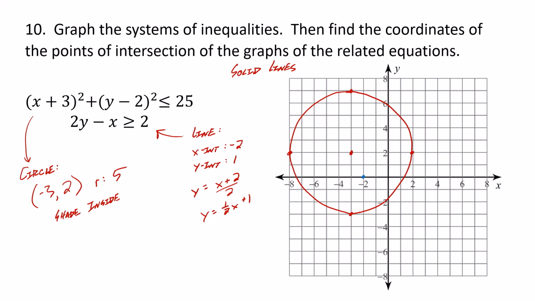X-intercept we said was -2, y-intercept we said was 1, or we could have done the slope of 1/2. And if I go ahead and keep plotting all the points in each direction, looks like we've got a couple of points where maybe I wasn't super accurate when it came to drawing my circle, but it looks like I've got one at 2, 2, and I've got another one at -6, -2, if I were maybe a little bit more precise with our circle.